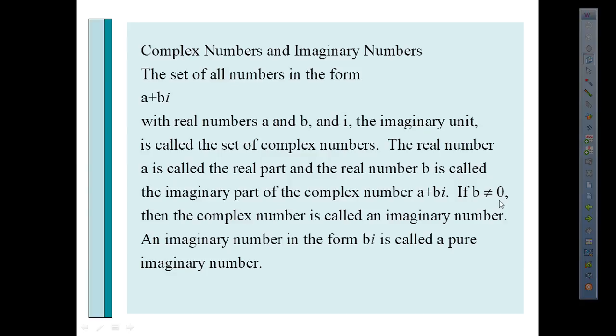If b does not equal 0, then the complex number is called an imaginary number. An imaginary number in the form bi is called a pure imaginary number because there's no real part attached to it. And of course, if b does equal 0, then it's just a real number. You don't have any imaginary part at all.